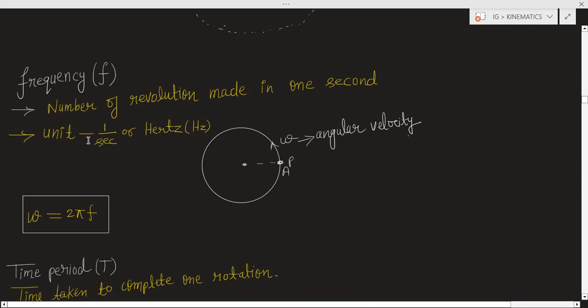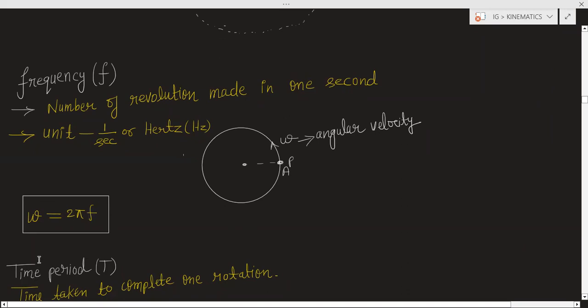That is why the unit of frequency is 1/second or hertz. And there is a relation between the angular velocity of a particle moving in a circular path and the frequency. Angular velocity is equal to 2 pi times the frequency. Omega is equal to 2 pi f.